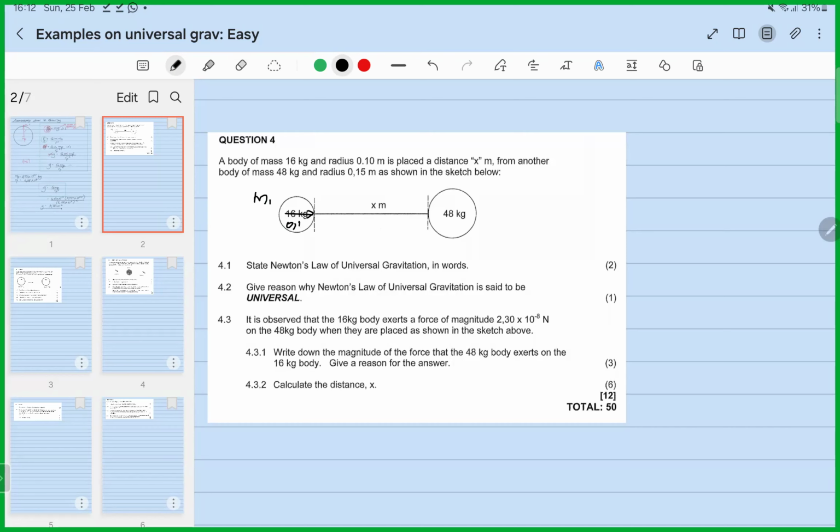The distance between the surface of one object and the surface of the other object is x meters. Now, when they say x meters, x meters is from the surface to the surface. And the radius of the 48 kilogram object is 0.15 meters. State Newton's law of universal gravitation in words.